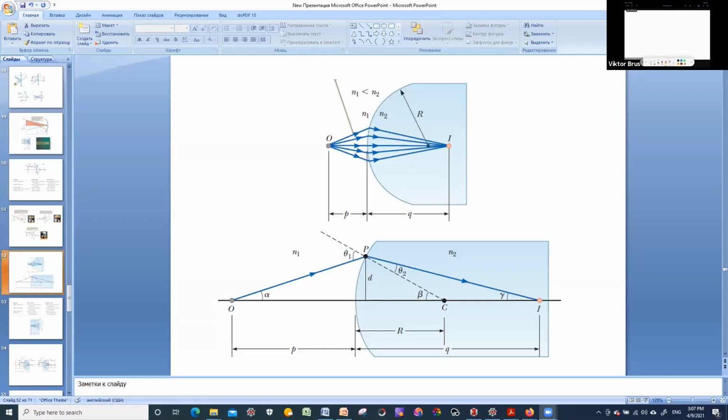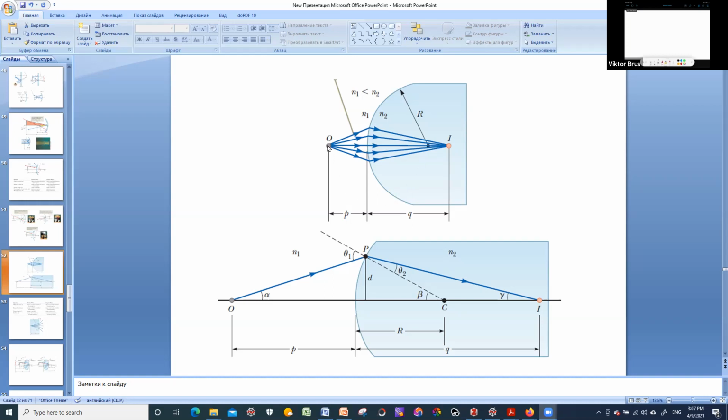Okay, so let us consider first the interface of two transparent mediums, with refractive indexes n1 and n2.